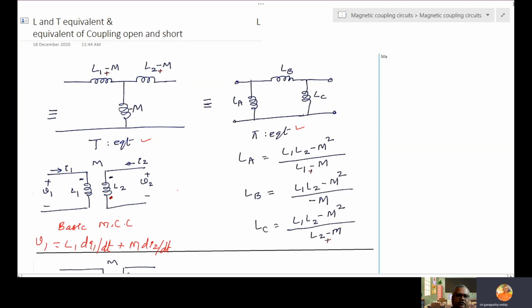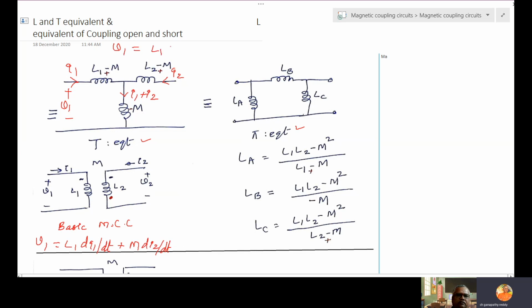The same way, here also if you write, this is V1, this current is I1, this current is I2, then here I1 plus I2. So when we write the equation, you get the same thing.